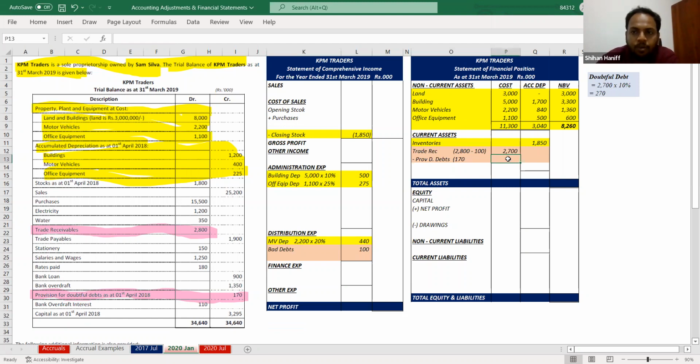Is it under provision or over provision? Yes, it is under provision, so we need to increase this by another 100.